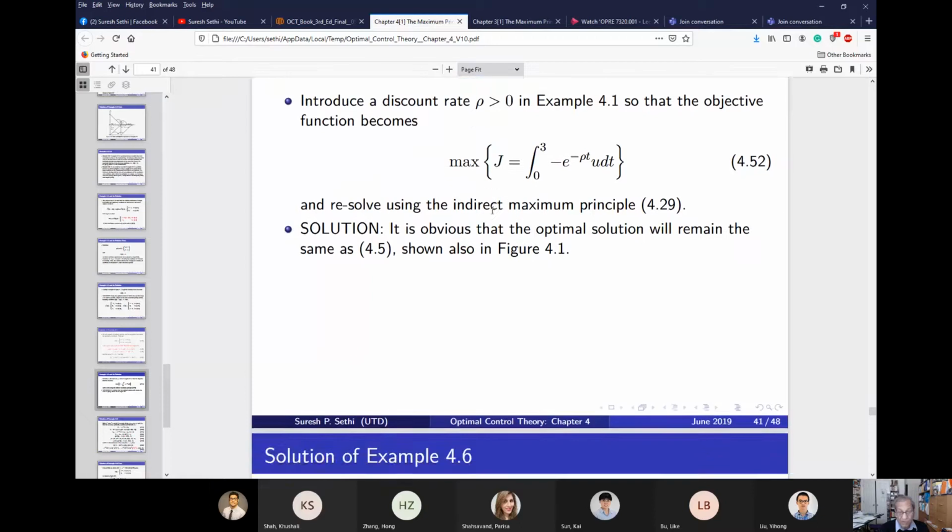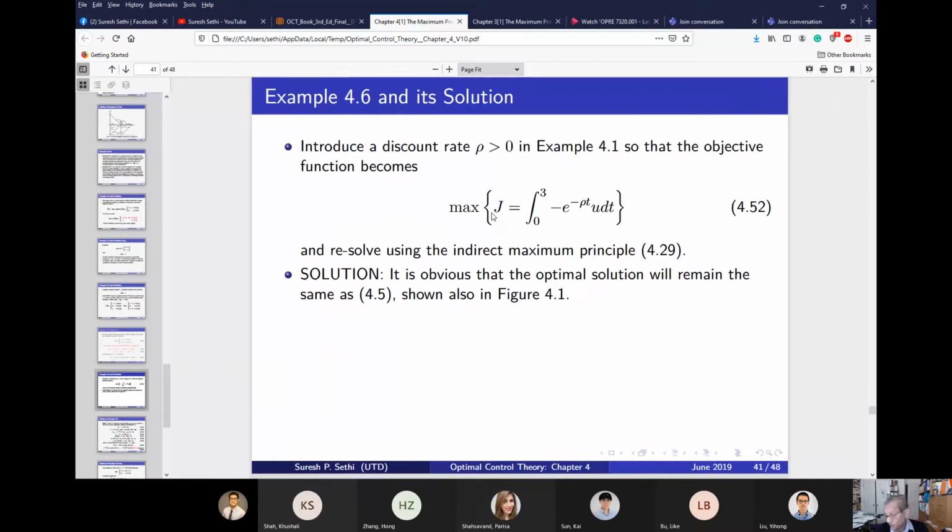I'm eventually going to go through the current value formulation. So first, let's go back to 4.1 and introduce a discount rate where rho is bigger than 0.